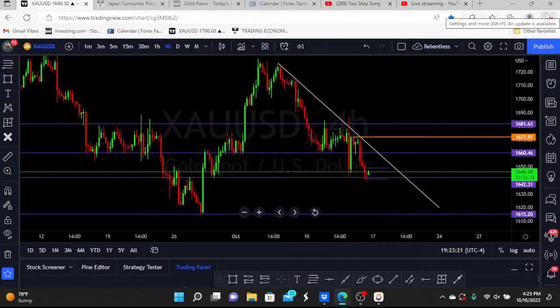All right. Anyway, number one, market structure. We have uptrends and downtrends. Number two is key levels. Basically, in a downtrend, a key level are lower highs and lower lows.